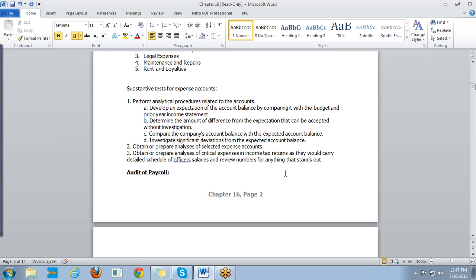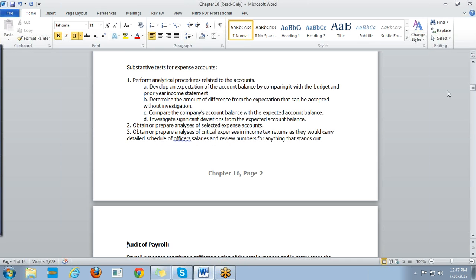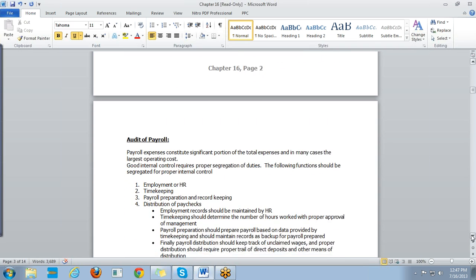Look at minutes of the meetings to see if there are some secret charges being quoted here. Investigating deviations from expectations is what substantive testing is going to be about in this particular section. Audit of payroll, that's the next part that we're going to talk about. So let's review this real quick.